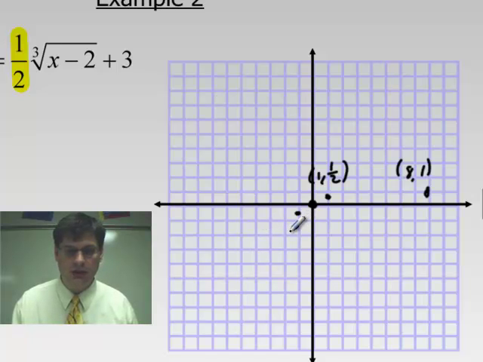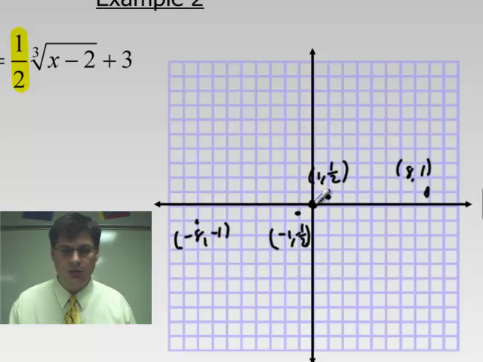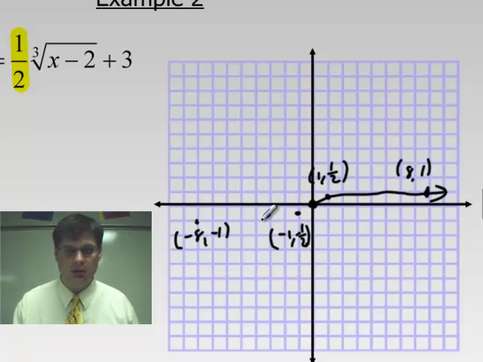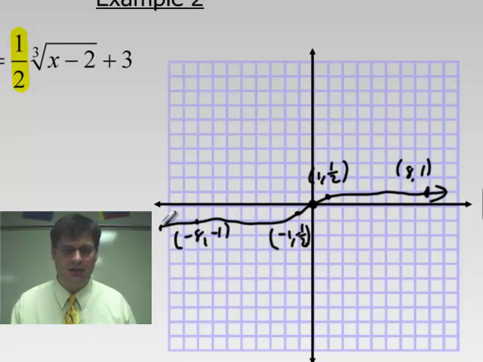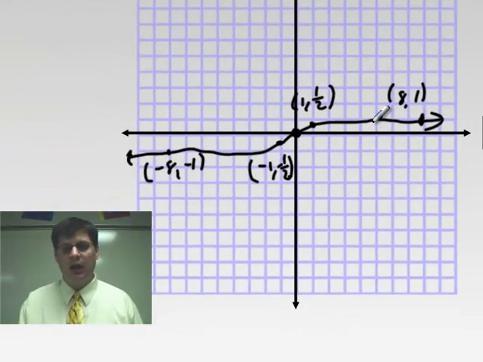And let's see, so that's going to be negative 1, negative 1/2, and then negative 8, negative 1. And then I'll draw that as best as I can. Again, it's really hard to graph like this. It's much easier to do it on paper.